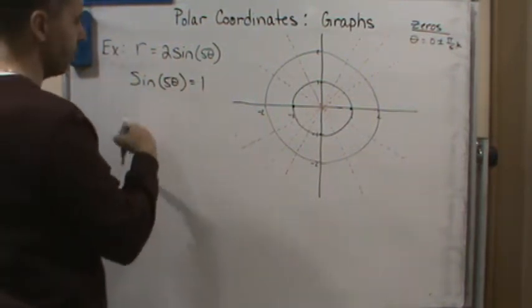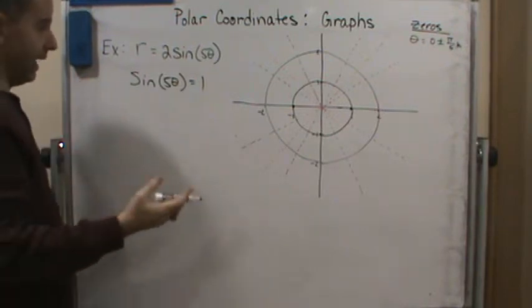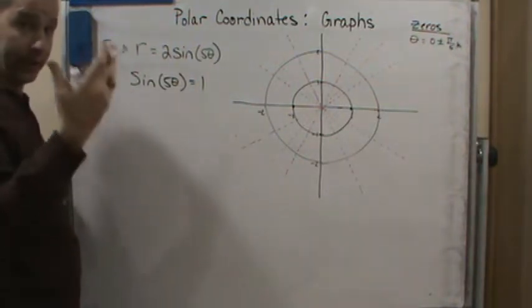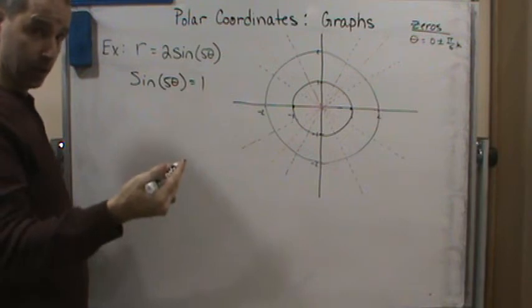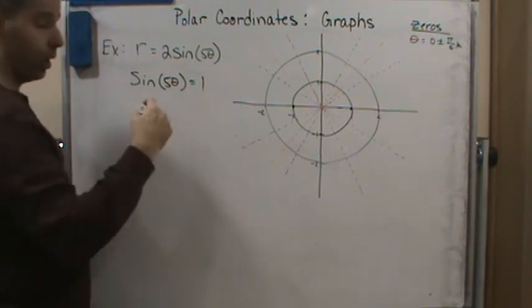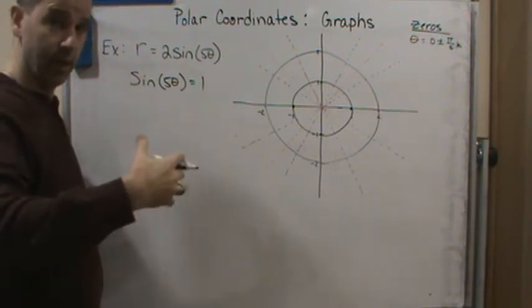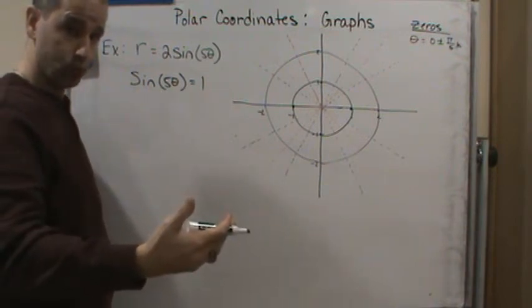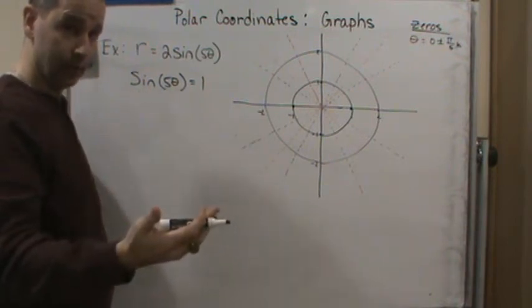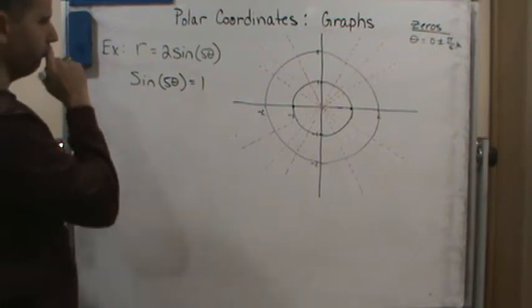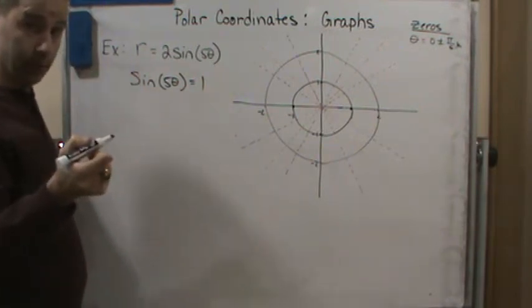Okay, so sine equals 1 in general when the angle is pi over 2, or adding or subtracting some multiple of 2 pi. Or it could be negative 1, right?